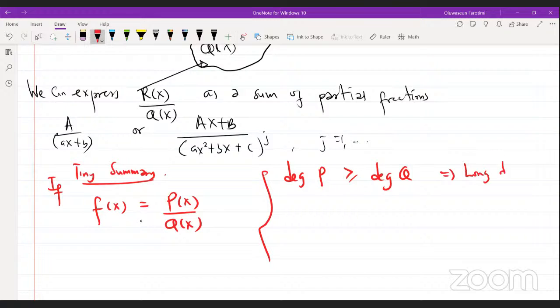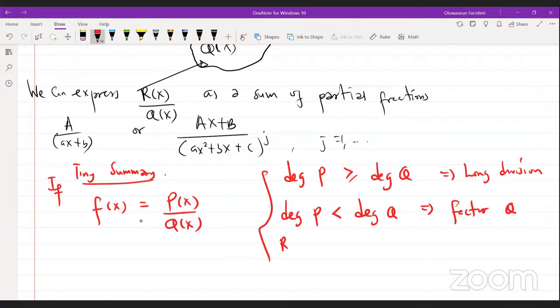You do the long division. We've said that when the degree of P is less than the degree of Q, we have to factor Q. And the last thing we mentioned is that when we have r of x divided by q of x, you can write it as either something like this or something like this.